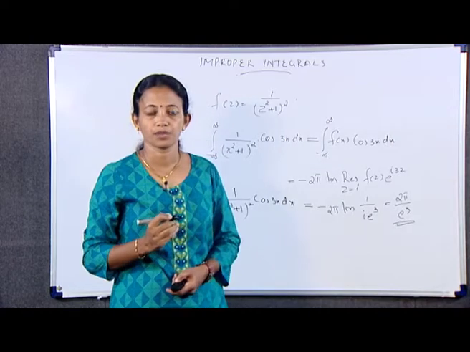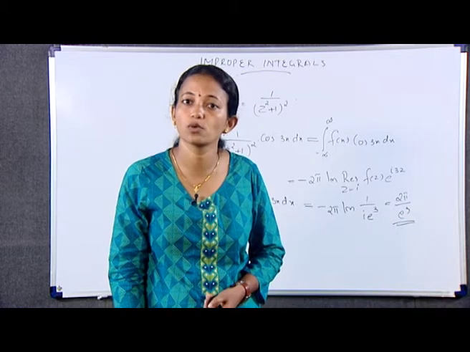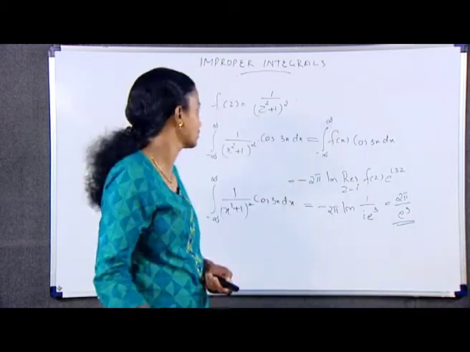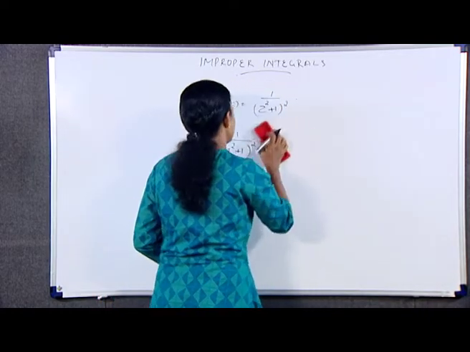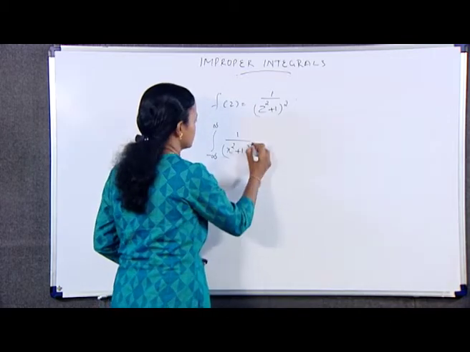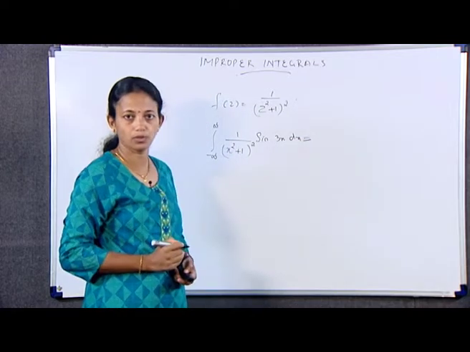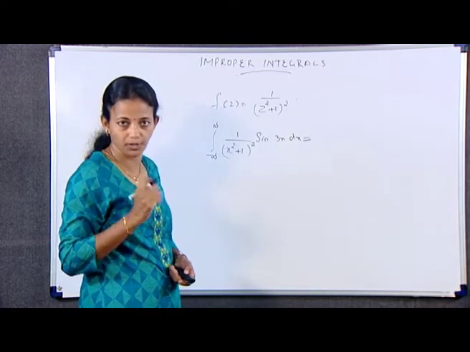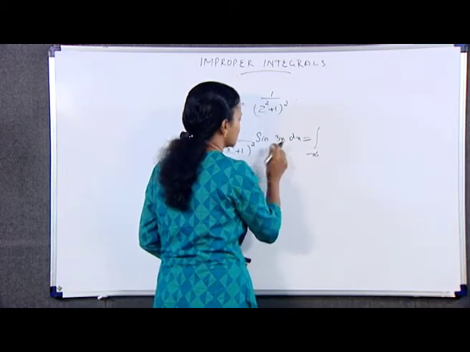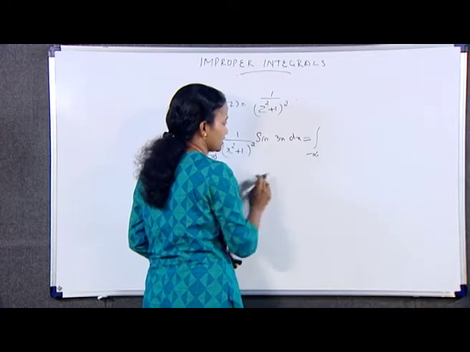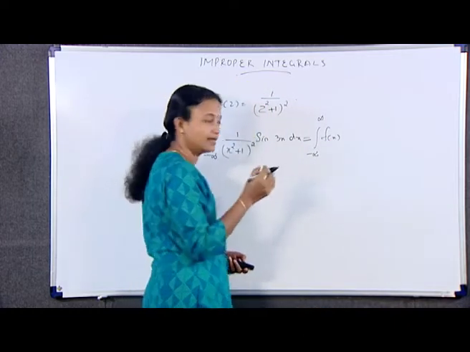Also, integral minus infinity to infinity 1 by (x square plus 1) whole square sin 3x dx is equal to integral minus infinity to infinity f(x) sin 3x dx, same as we have just done. Instead of cos, here we have sin.